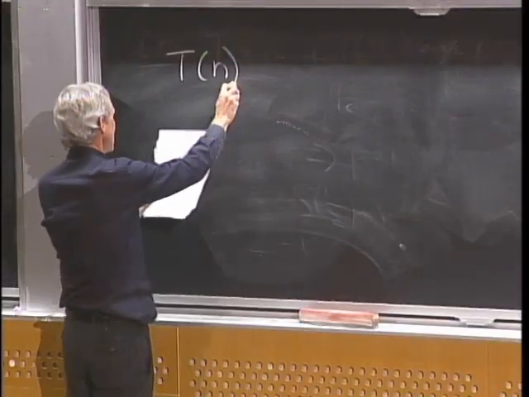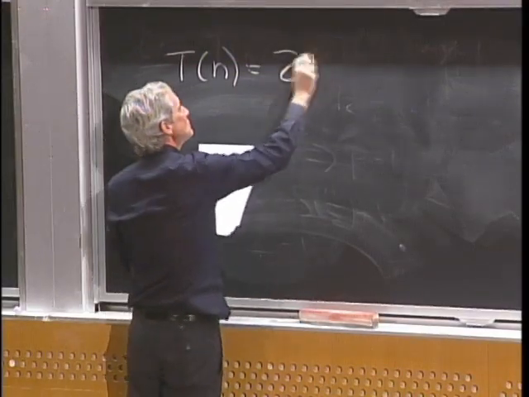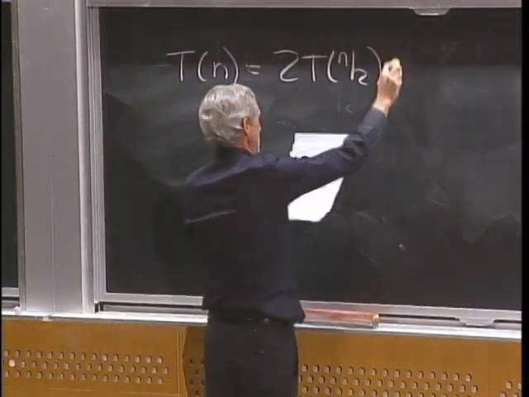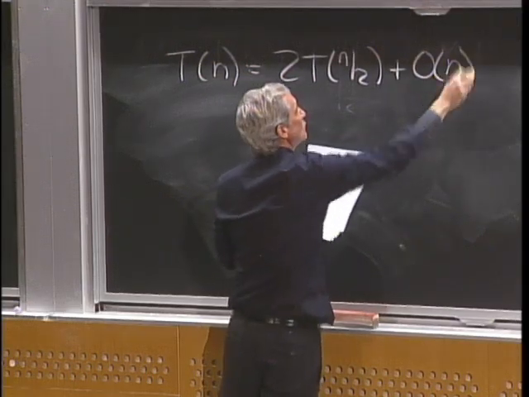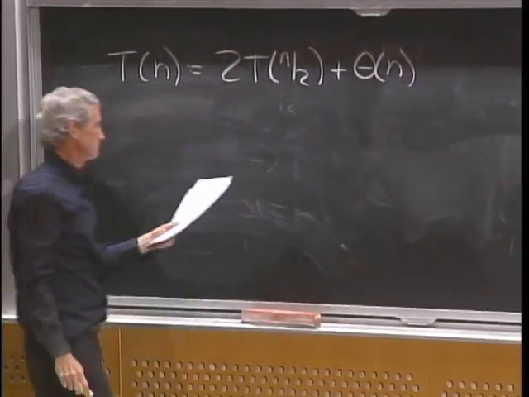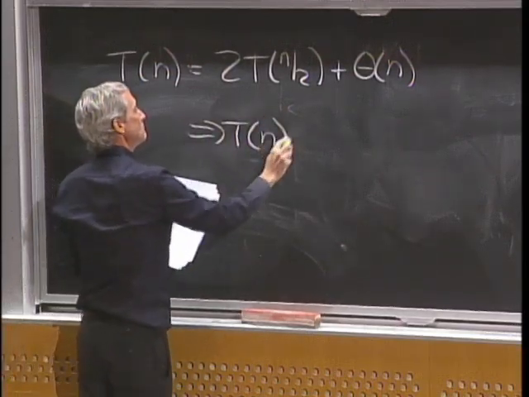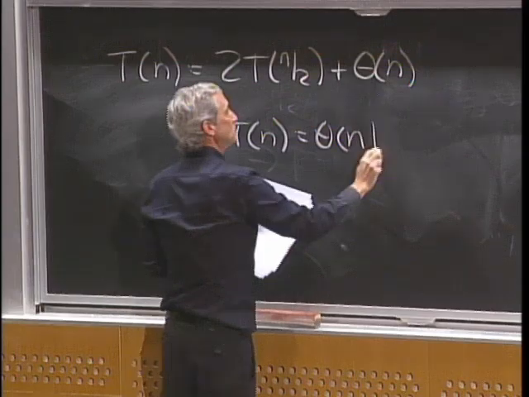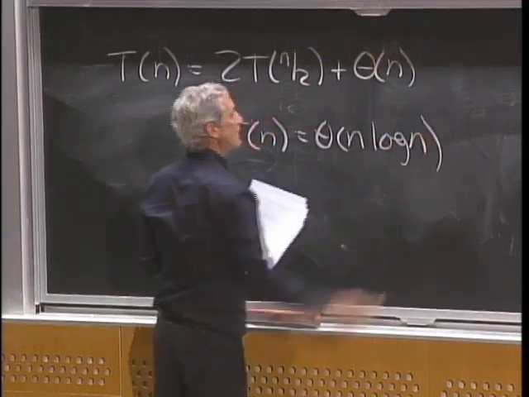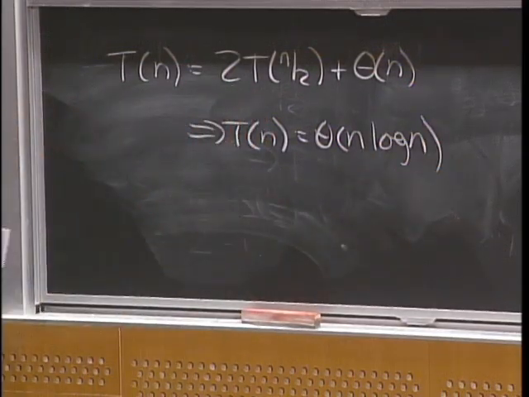Your recurrence will be set up to be T of n is 2 T of n over 2 plus O of n, or plus theta of n. And then you'll conclude that T of n is theta of n log n, using Akra-Bazzi or whatever method you want. All right?